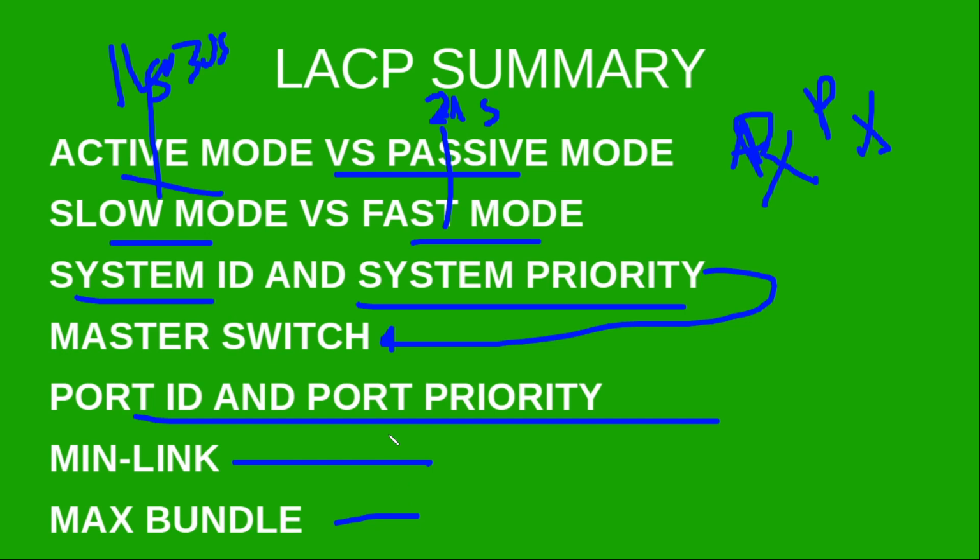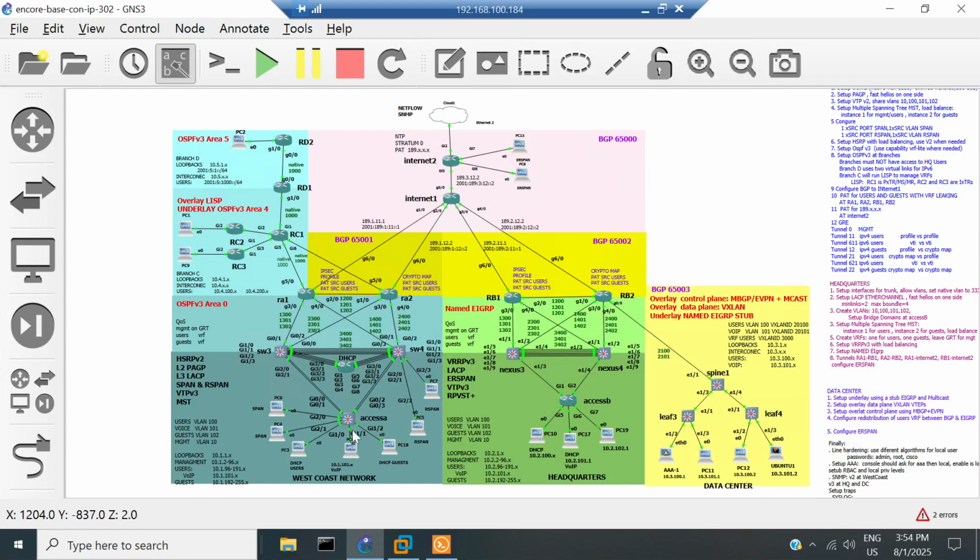Now, let's jump into the lab. Okay, in this lab we have access A that will create 2 PAgP EtherChannels, 1 EtherChannel to switch 3, which is one of my distribution switches, and another EtherChannel to switch 4, that is another of my distribution switches.